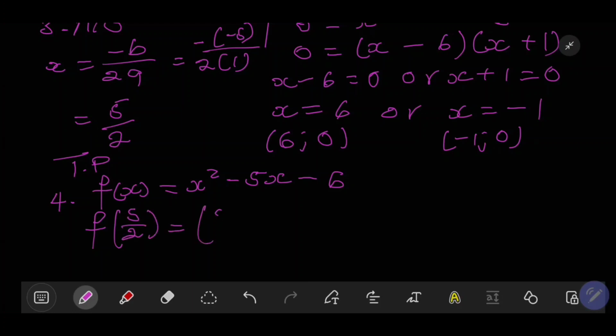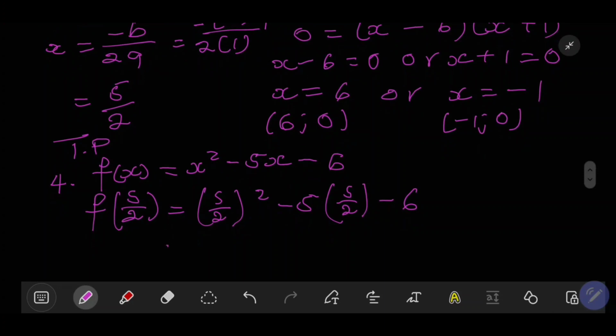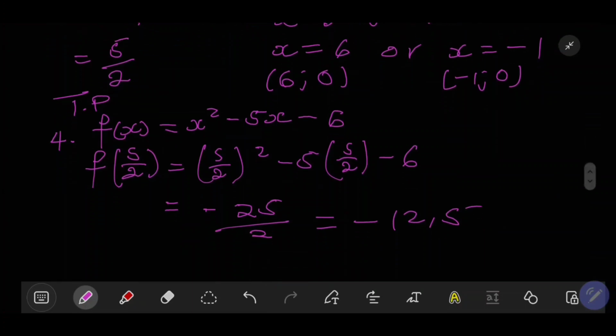This is equal to 5 over 2 all squared minus 5 into 5 over 2 minus 6. When you punch the whole expression on your calculator, you are going to get negative 25 over 2, which is equal to negative 12 point 5 in decimal form.